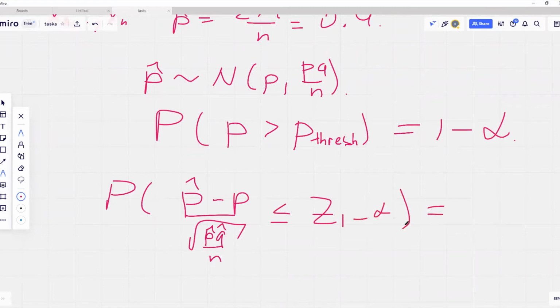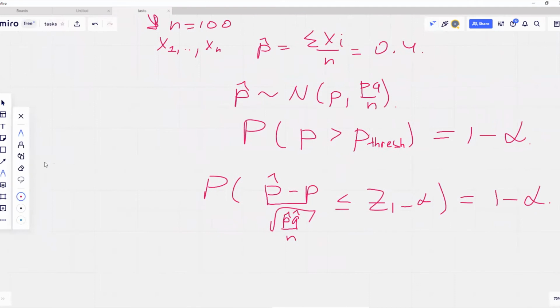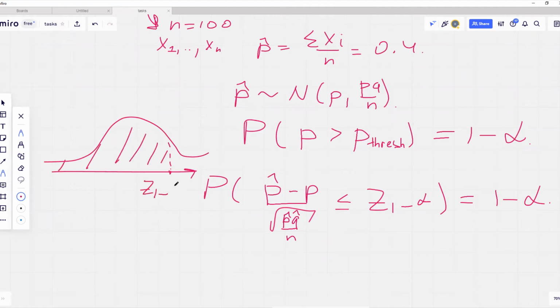This time not over 2. That is equal to 1 minus alpha. So we are interested only in values for our standard normal that are left of some critical value Z 1 minus alpha.